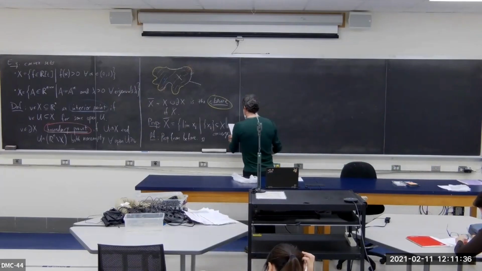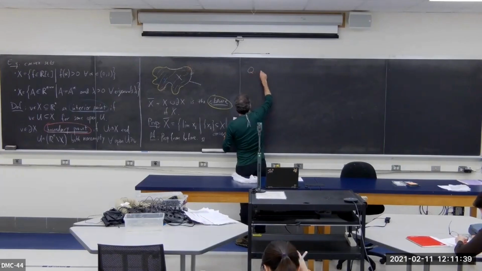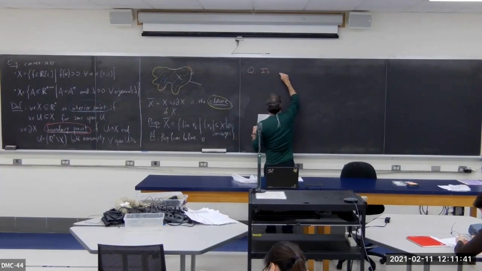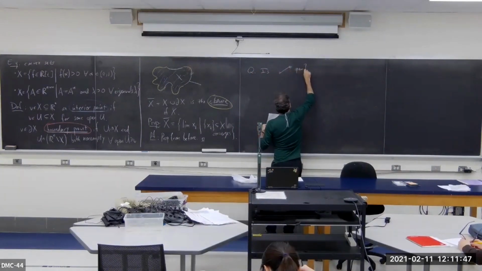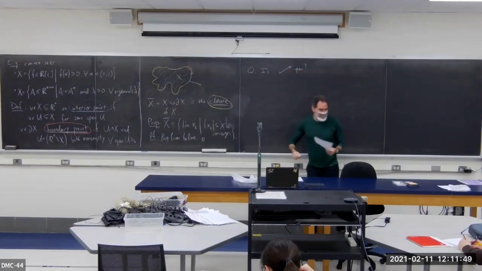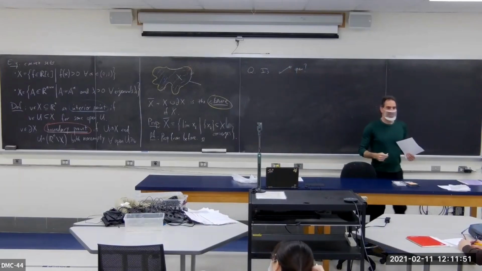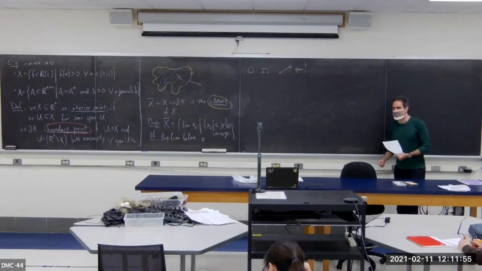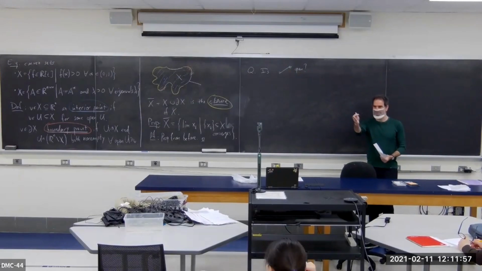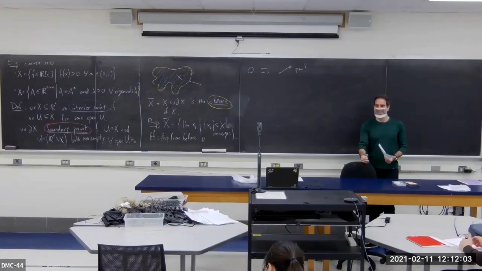Okay, so for example, is the following set open? What that is, is a straight line segment that's missing its endpoints. Is it open? I see one yes and one no. Online, I'm not getting anything.